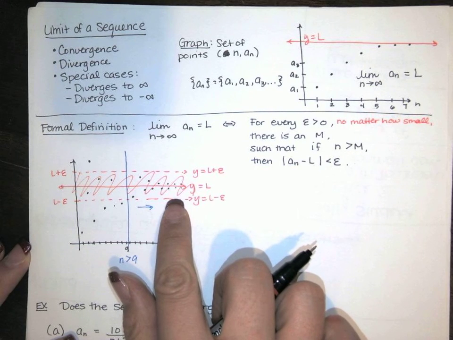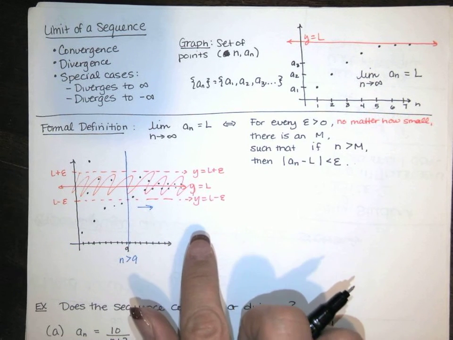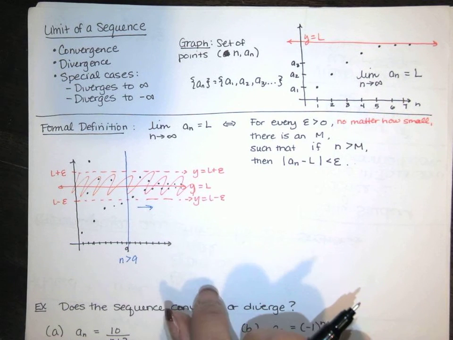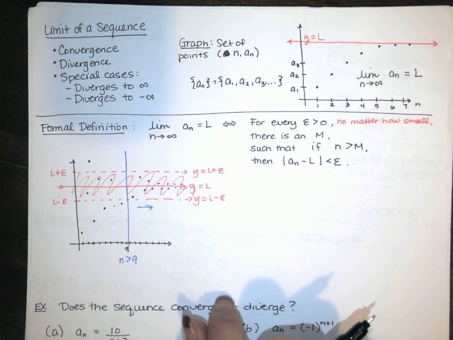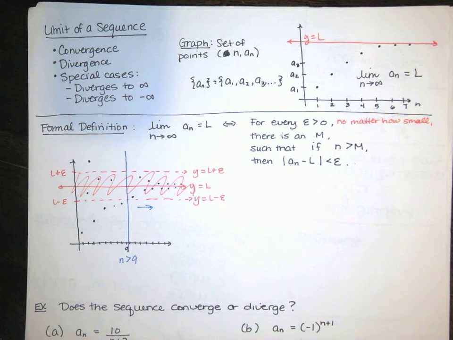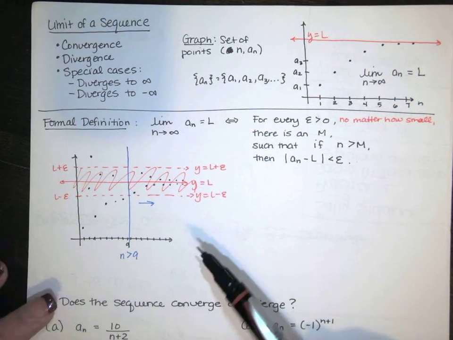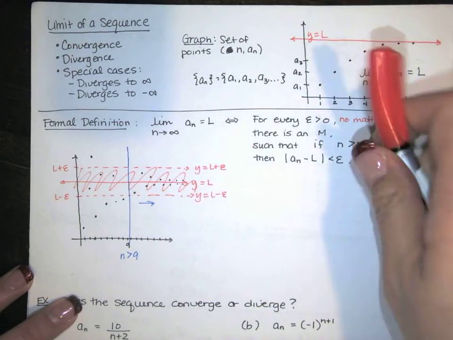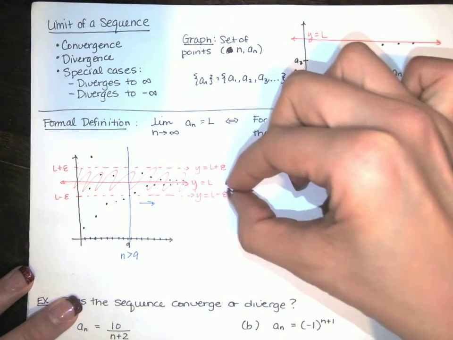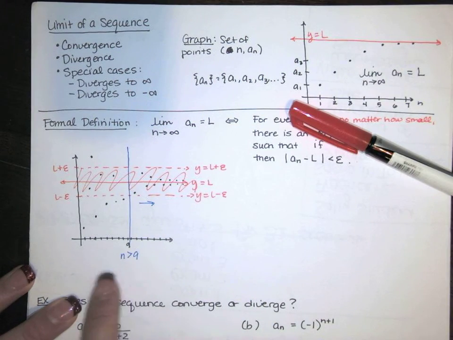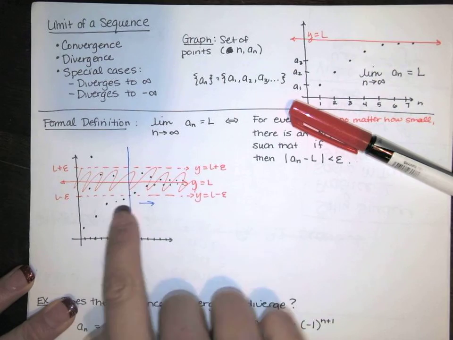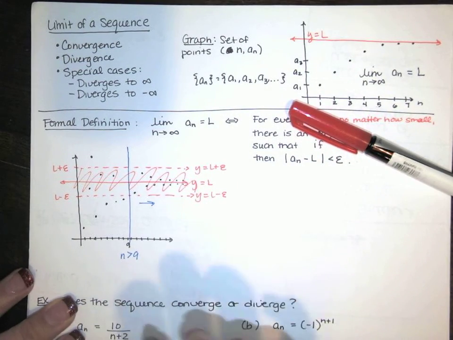So between 4.9999 and 5.0001. I hope I listed the right number of 9s and the right number of 0s, but I hope you get the idea. As epsilon gets tiny, this is shrinking and shrinking, the a sub n values are going to be in between those two lines.